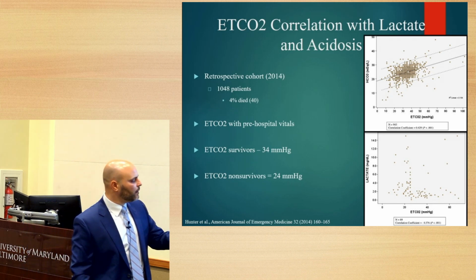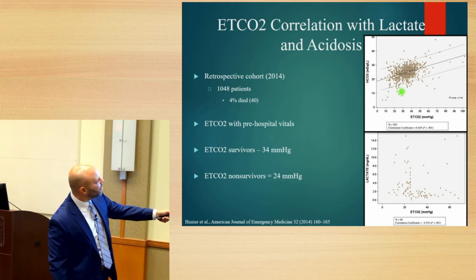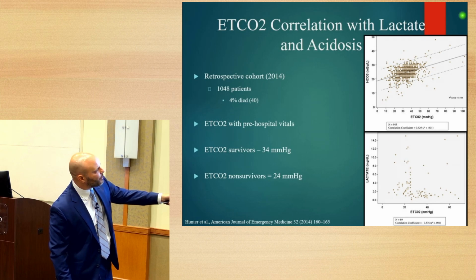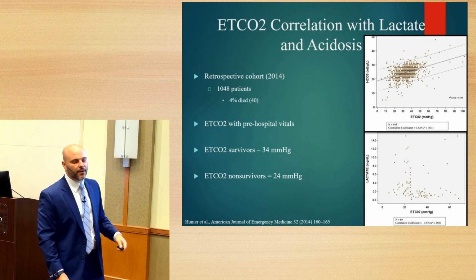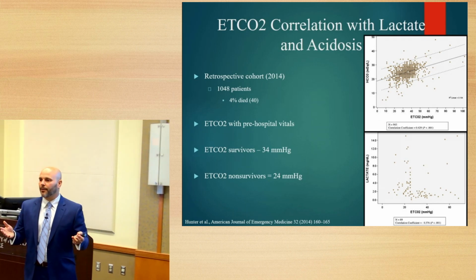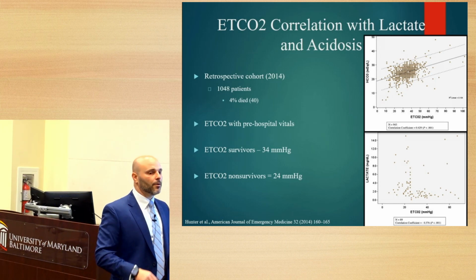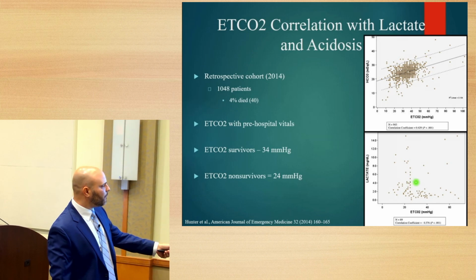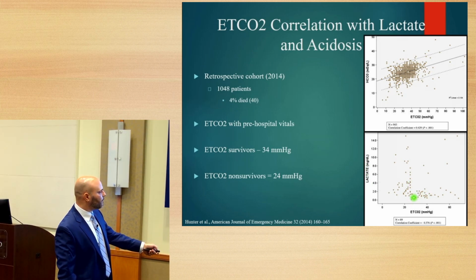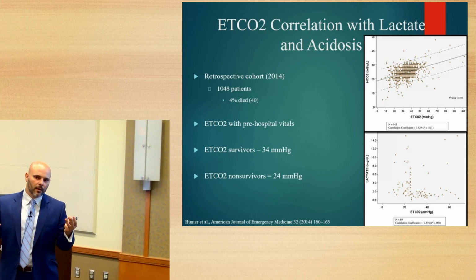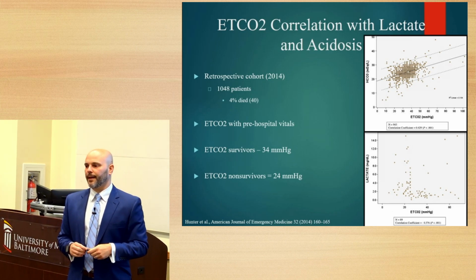And you can see here that patients with lower CO2s had lower bicarbs, and there's a trend line here. The correlation coefficient of 0.429 is a moderate correlation between lower end tidals and lower bicarbs. Similarly with lactate, you can see here lower end tidal CO2s had some higher lactates. The correlation coefficient was a little bit less, but still a mild to moderate correlation.